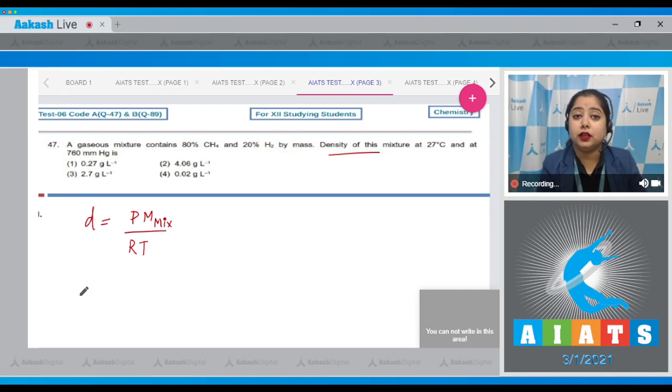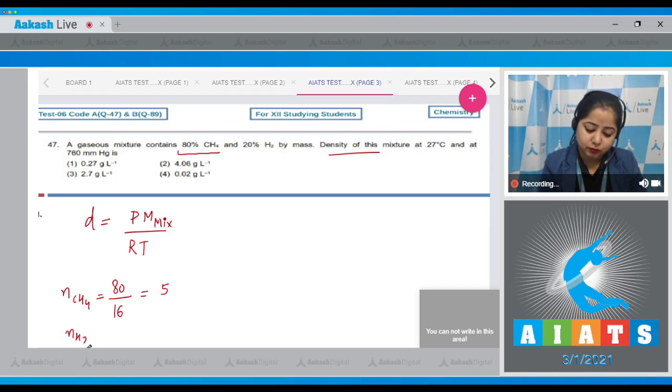First we'll calculate the number of moles of CH4 and the number of moles of H2. So number of moles of CH4 is equal to given mass upon molar mass. It is given that 80% CH4 is present. That means if we take 100 grams of the mixture, we have 80 gram of CH4, and the molar mass of CH4 is 16. That means 5 moles of CH4 are present. So let's calculate the number of moles of H2. Since 20% H2 is given, let's assume 20 gram upon 2 gram.